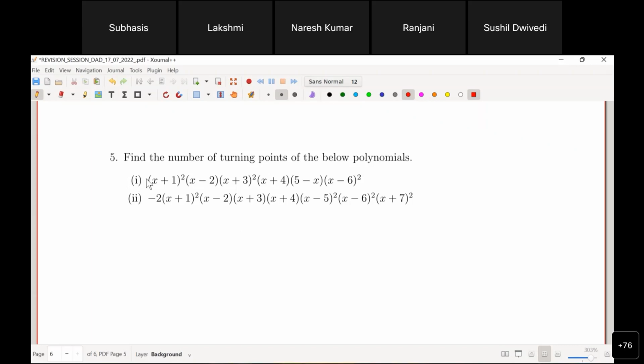For the given polynomial, option 1, you need to find the number of turning points, and certainly share your idea of how you computed the turning points of this polynomial. You can take maybe 2-3 minutes.